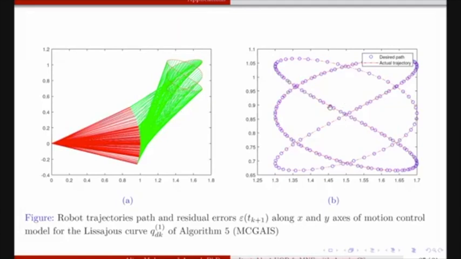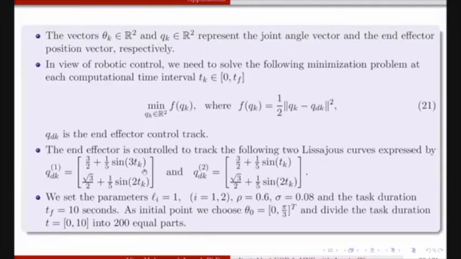This Lissajous curve is calculated using this qd1k, which is 3 by 2 plus 1 by 5 sine of 3k. Here you can see there is no 3. I think the only difference is this 3 here, but removing 3 changes the track we are going to follow.